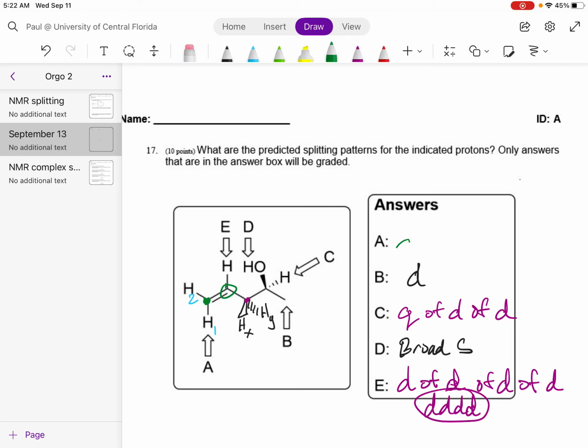And so proton E is going to split A into a doublet. But remember that proton 1 is attached to the carbon as indicated by the solid dot, but it's also attached to proton 2, which is not equivalent. So that is going to split proton 1 as well into a doublet. So that's what the splitting patterns for that guy would be.